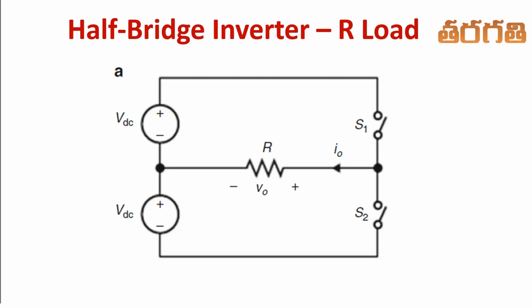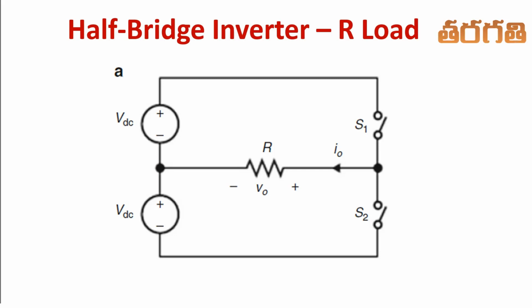For this given polarity, the load voltage is assumed to be positive. As a result, whenever S1 is switched on, the load voltage V0 is equal to the applied voltage plus the voltage drop across the switch.